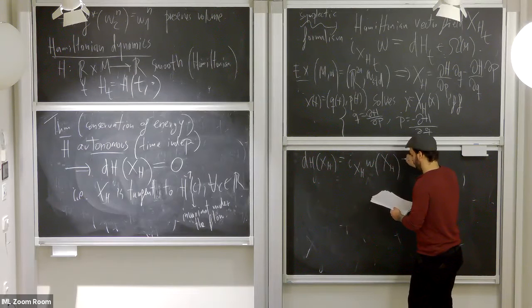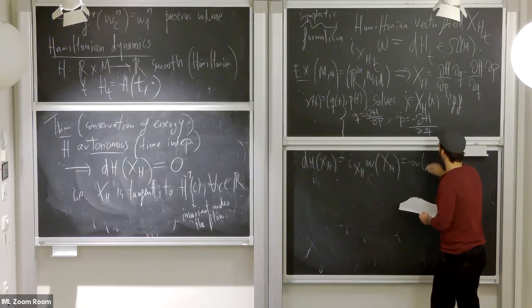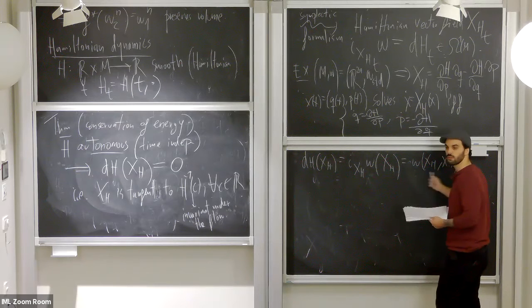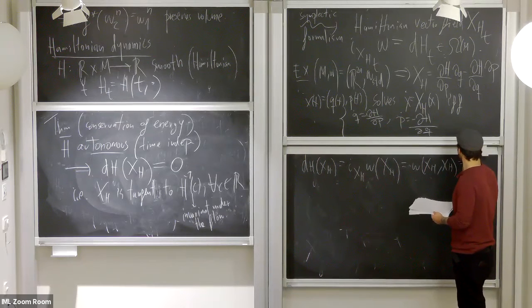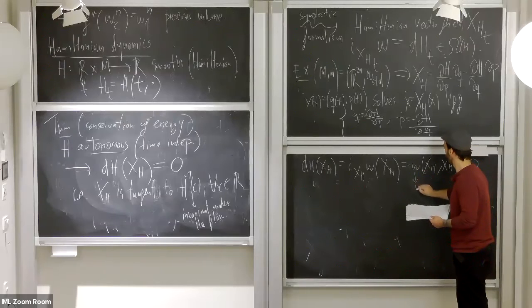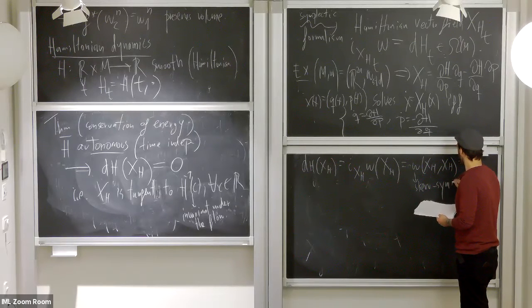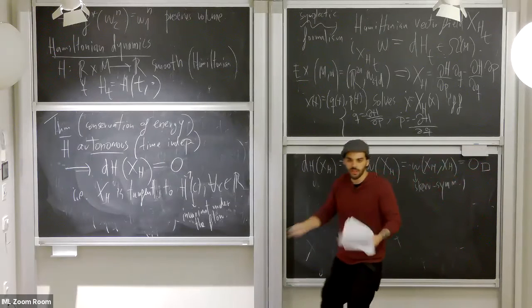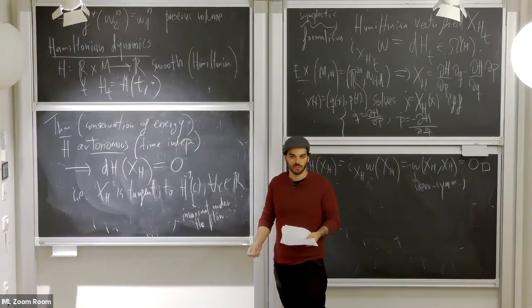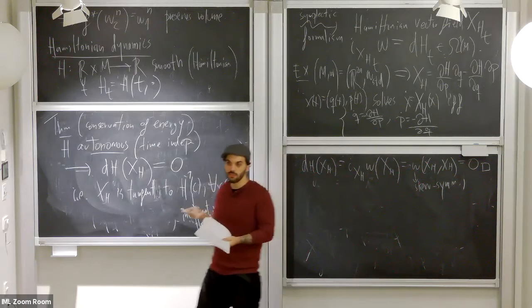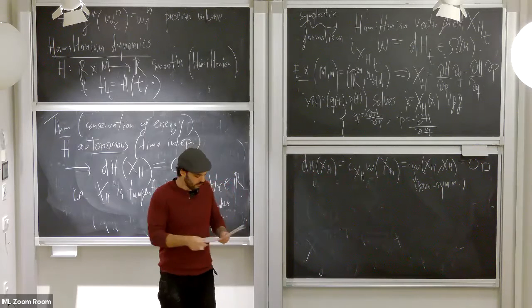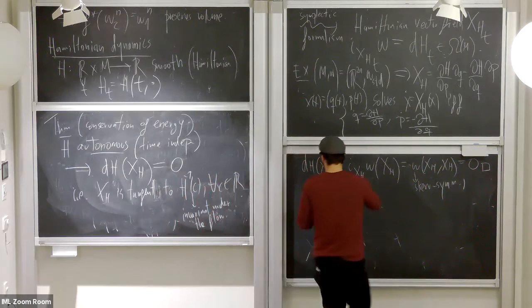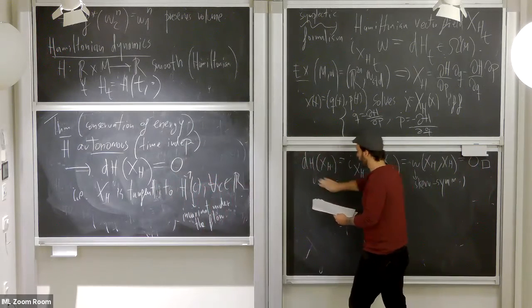But this is omega of X_H with X_H, but omega is skew-symmetric, so this has to be 0. So that's a one-line proof of a very fundamental principle in physics. This is why it's a useful formula.